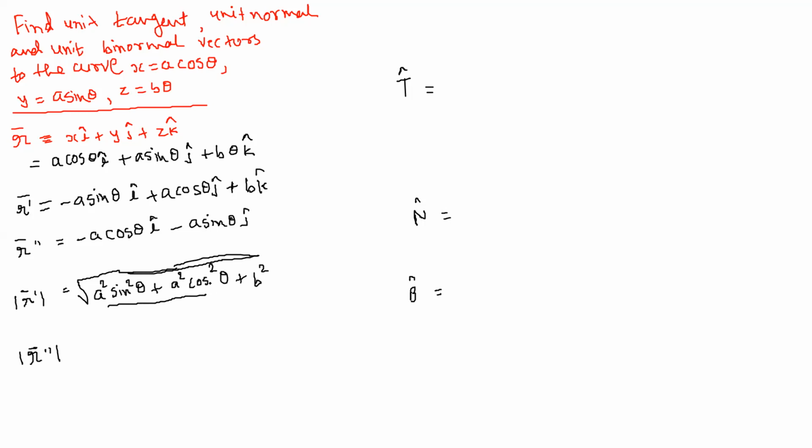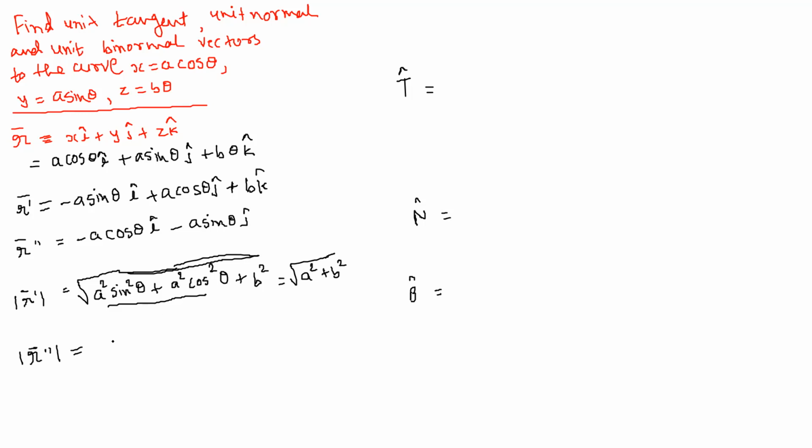So, A square into sin square plus cos square. What is sin square plus cos square? 1. So, this becomes under root A square plus B square. This is your mod R dash. How did you get root 3, root 2? Ma'am, I haven't supposed A and B. Okay.